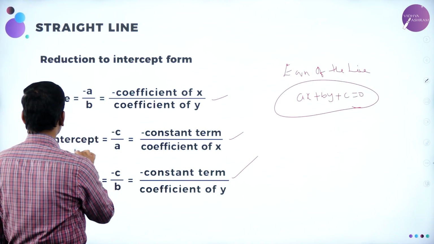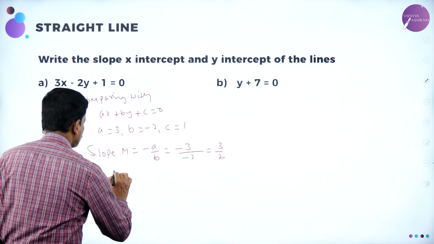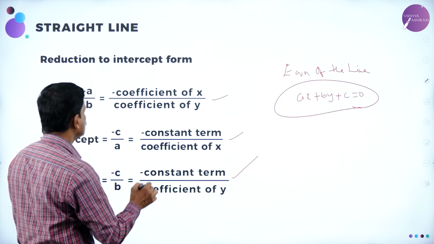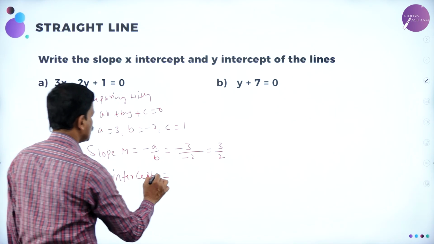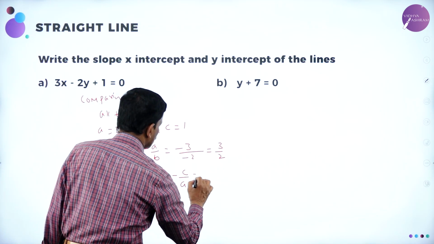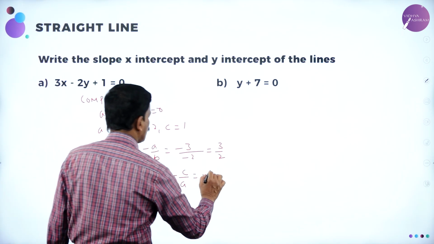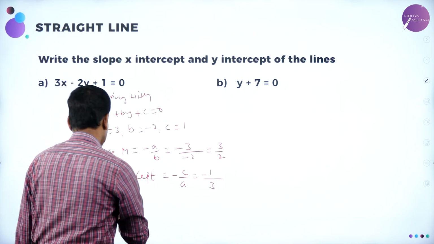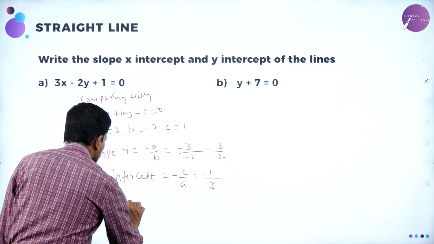Next, the x-intercept. What is the formula for x-intercept? Minus c by a. What is c? Minus 1 divided by a is 3. The x-intercept is minus 1 by 3. Similarly, the y-intercept.